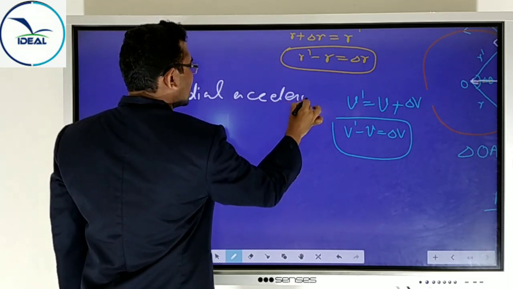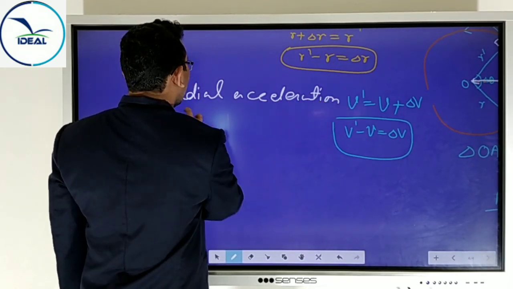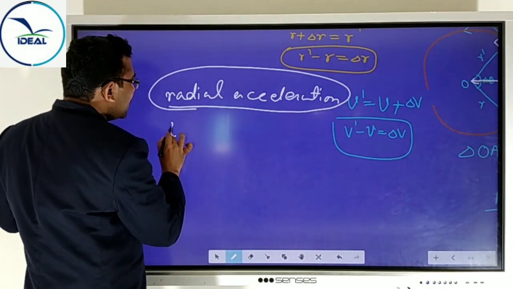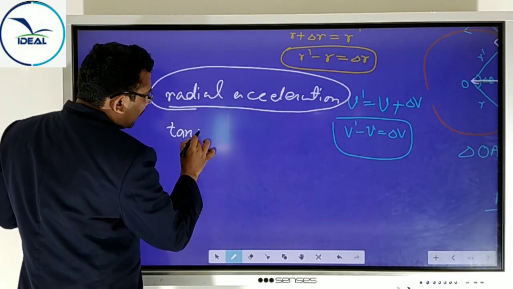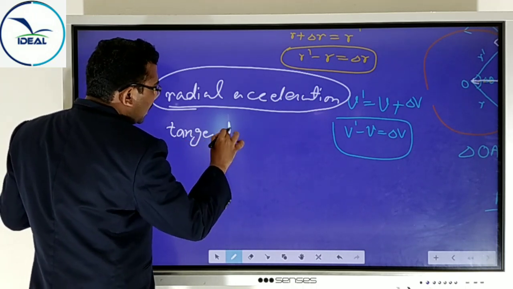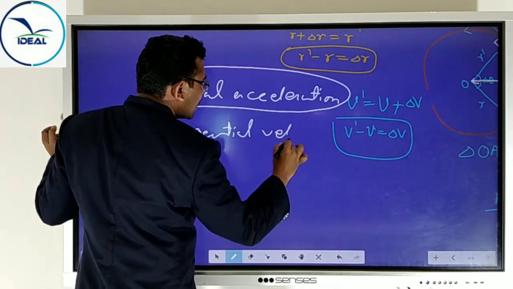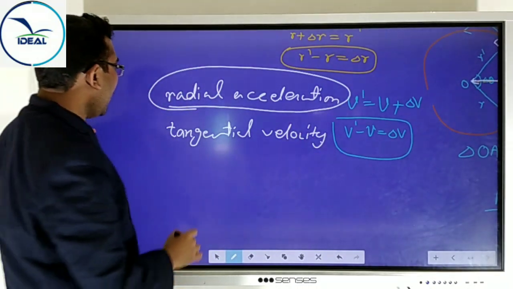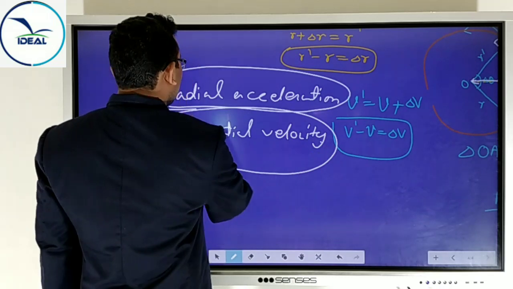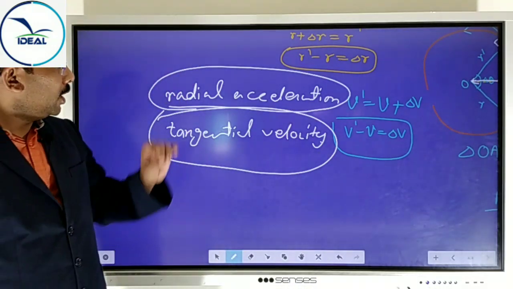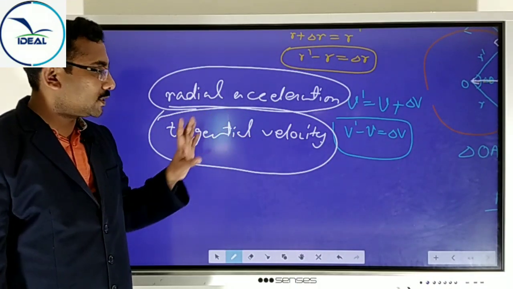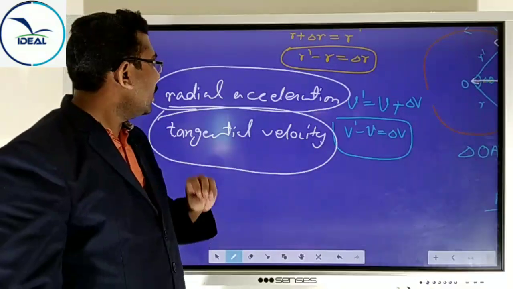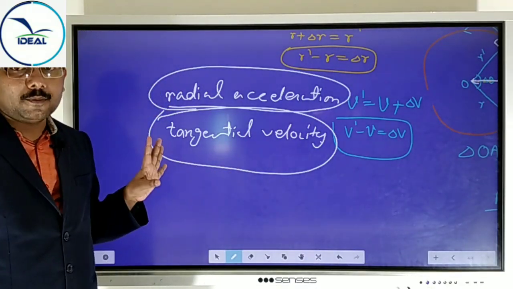In all circular motion, acceleration is radial, and velocity is tangential. Very important point, note these two points: in circular motion, velocity is tangential and acceleration is radial.